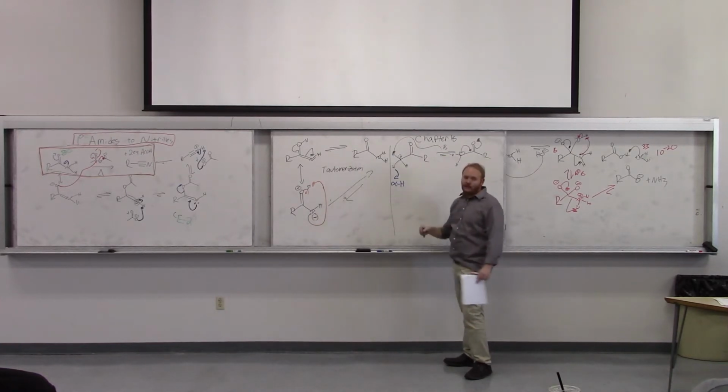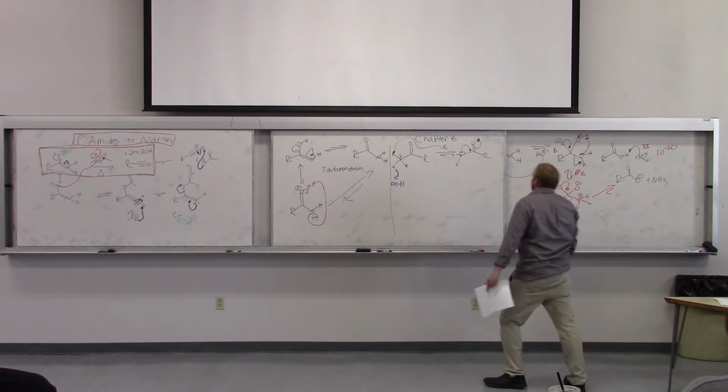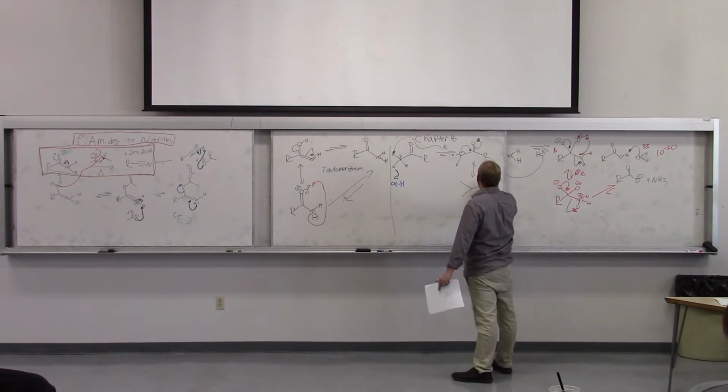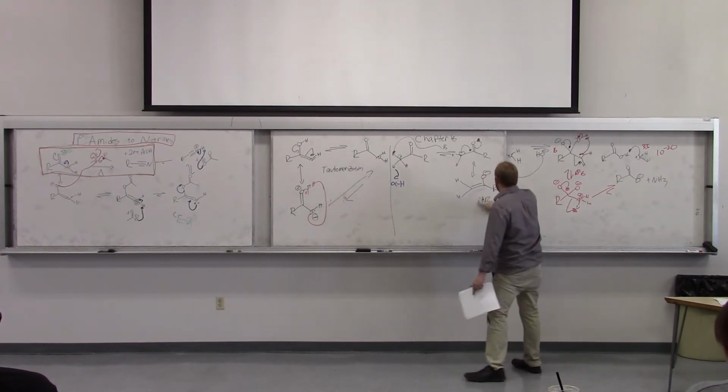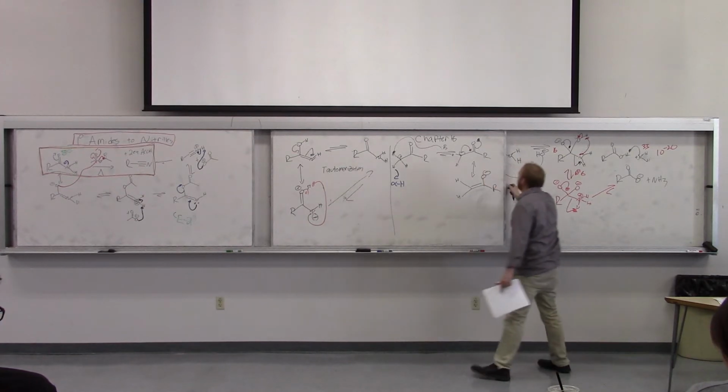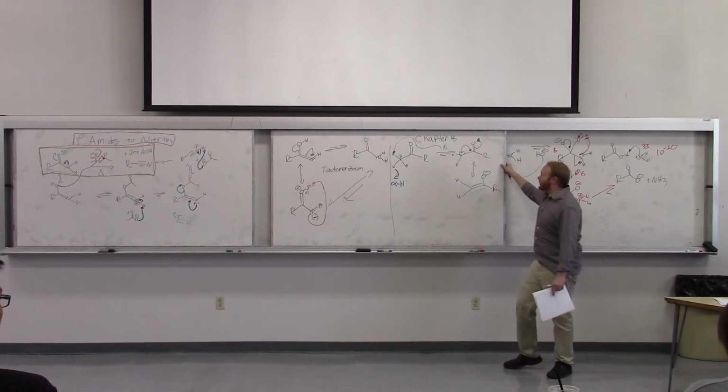But adjacent, we call them alpha. So these alpha hydrogens are highly stabilized. I'm not going to draw the conjugate base, acid base. Because of this resonance, they're highly stabilized.